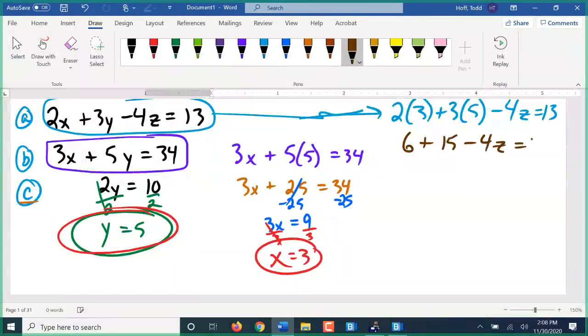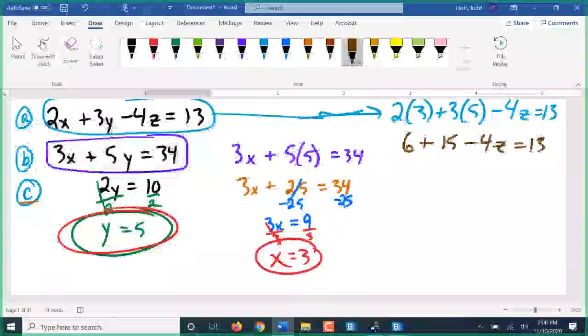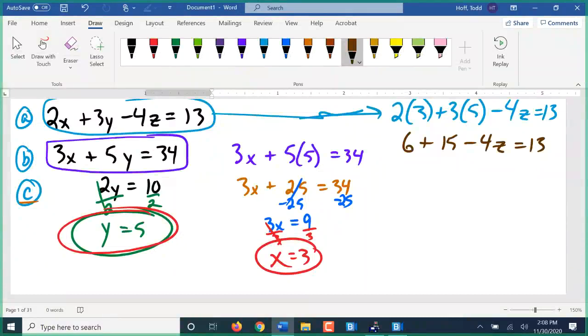Technically, I just did 2 steps in the order of operations at once. I multiplied working left to right, and I multiplied both of them in the same step. Because they're separated by an addition, I can do that. It won't affect my result. If it was 2 times 3 times 5, I'd have to be careful. Then I'd have to go step by step.